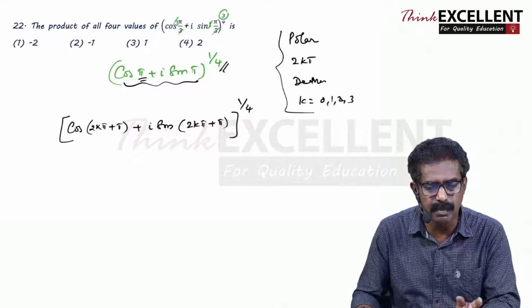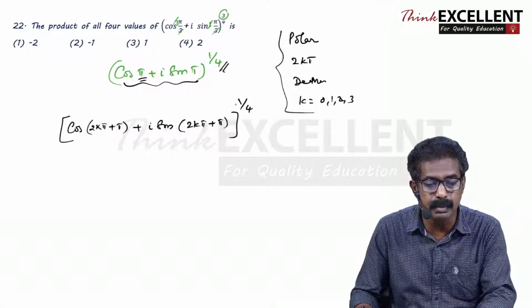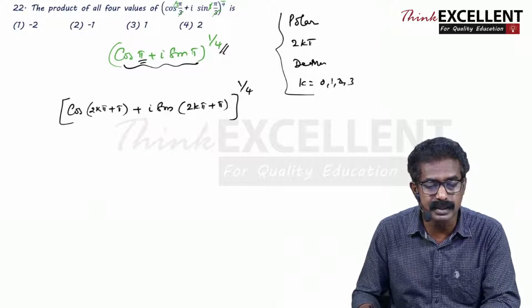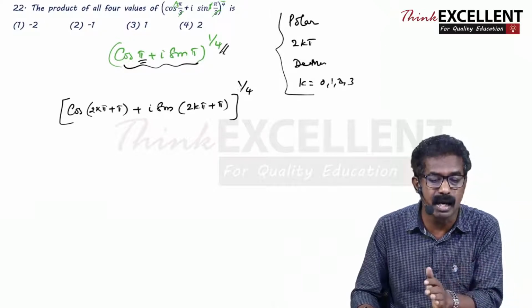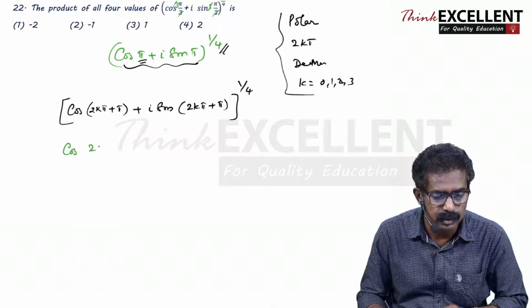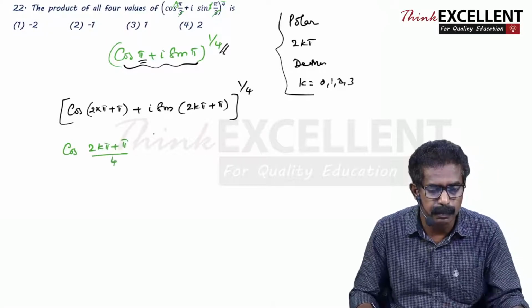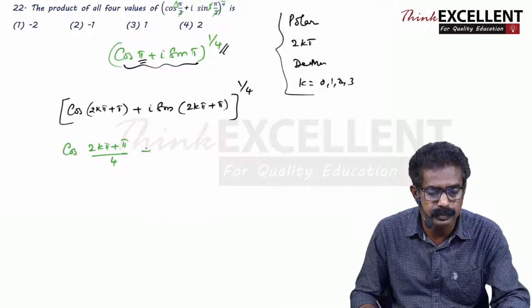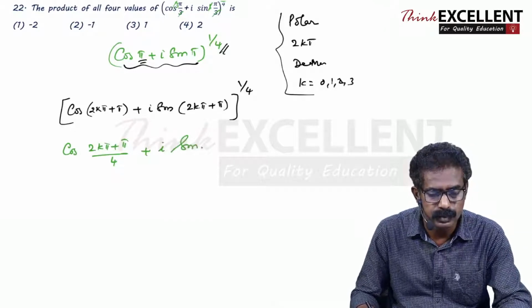Change it into polar form, add 2k pi to the argument, apply De Moivre's theorem, cos theta plus I sin theta raised to n is cos n theta plus I sin n theta. 1 by 4 will come front, so by 4. So cos 2k pi plus pi by 4 plus I sin 2k pi plus pi by 4.